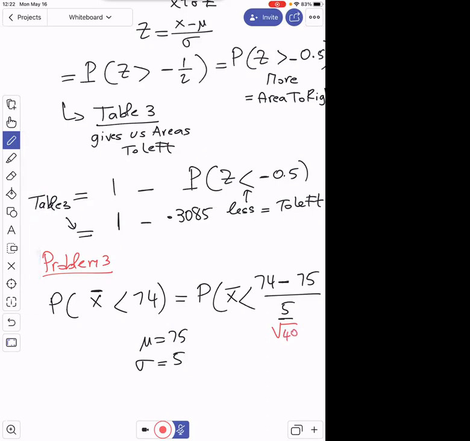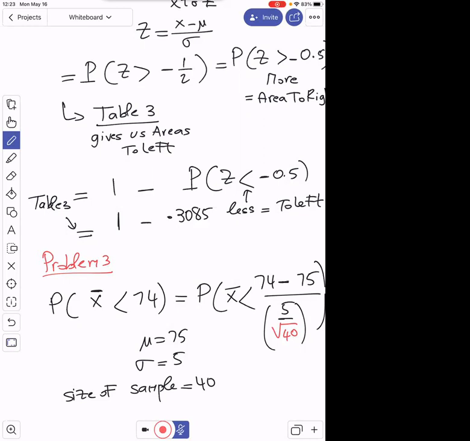So this is the unique difference from the previous problem. You need to divide this sigma by the square root of the size of the sample. Here the size of the sample is 40. Again, guys, in problem number 2, there was no sample. We have mu, we have sigma, and there was no X bar, there was no sample.